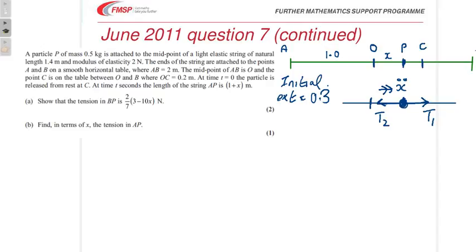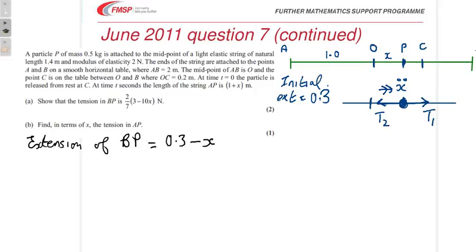Well, the first thing to write there then is the extension of BP. It is going to be 0.3 minus x, because the extension of OB was 0.3.